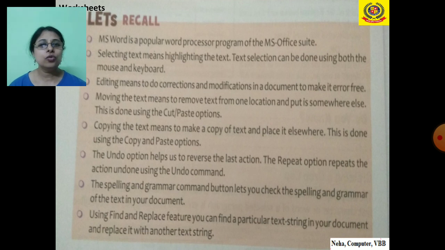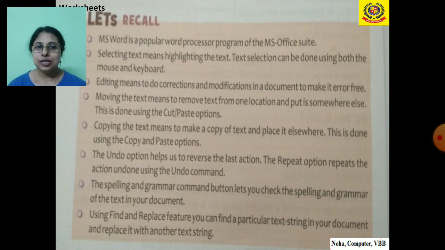Last is using find and replace feature. You can find a particular text string in your document. So with the help of find feature, we can find any alphabet or word or a text. It can be 2-3 words together.